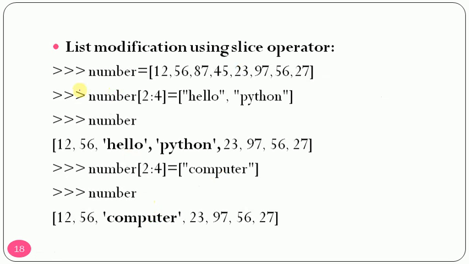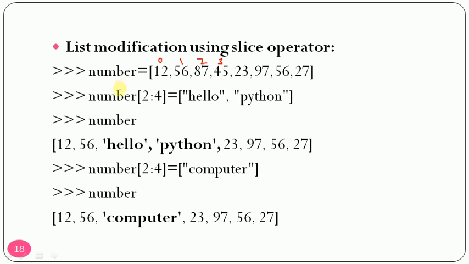Now, how can we modify the list using slicing? Let's find out. This is our list and I am going to slice the list [2:4]. The index of this is 0 and this is 1, 2 means 87. 2 is the index. Then 4 is this 23, so 3 is 45.